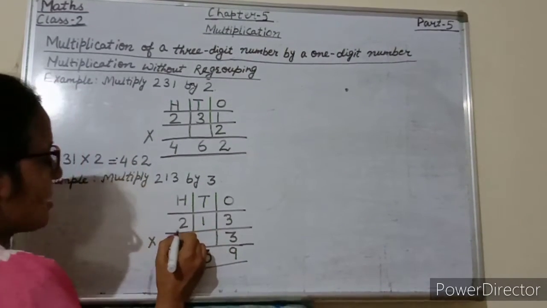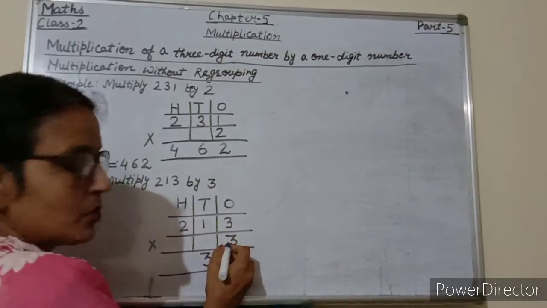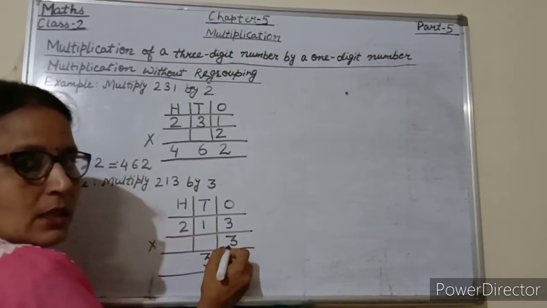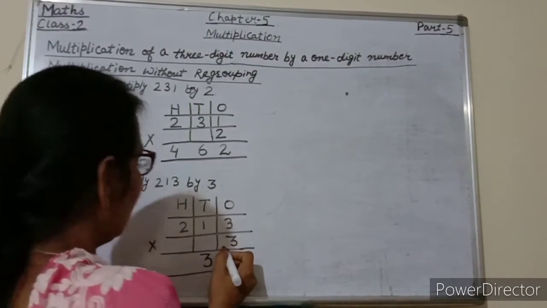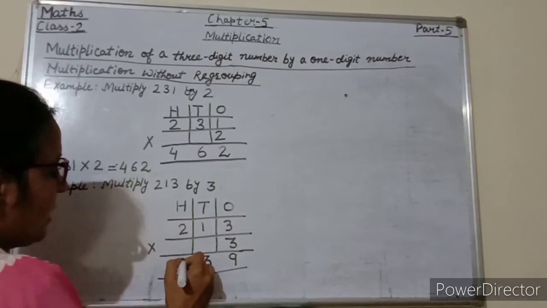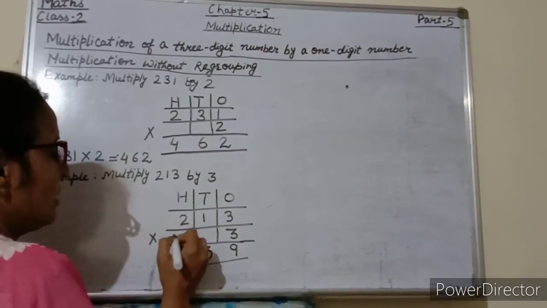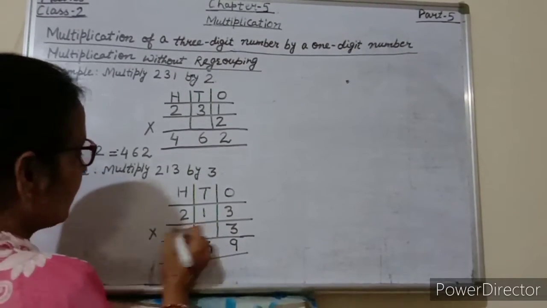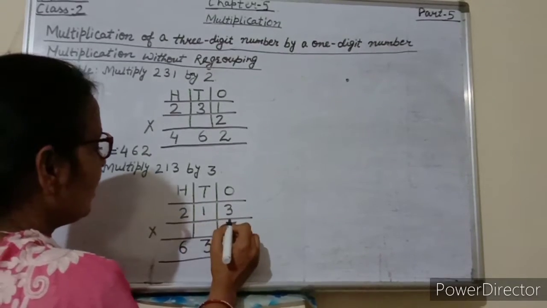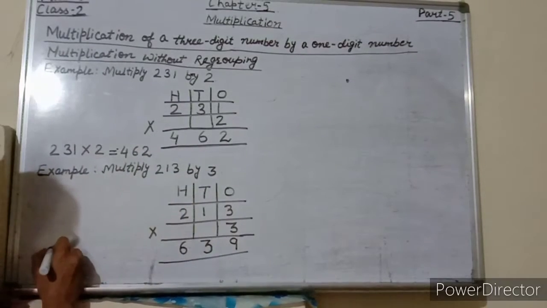Now come to the next, 200 into 3. 2 threes are 6, so we will write 6 under the hundreds column. So 639: 213 into 3 is equal to 639.